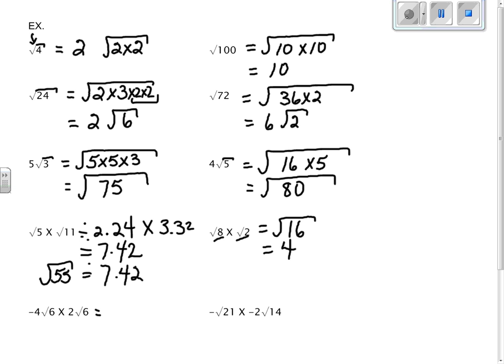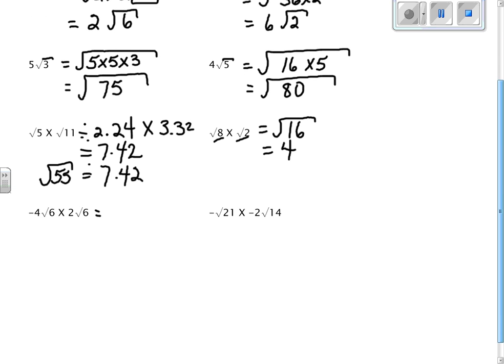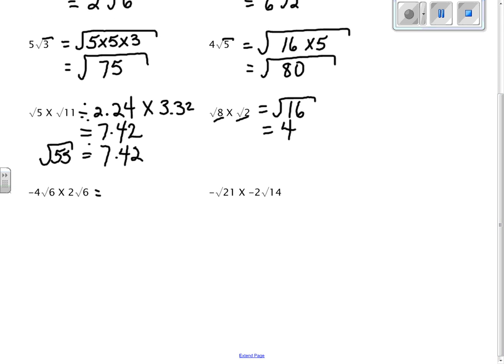Negative 4 root 6 times 2 root 6 can be done in a number of different ways. I would be tempted to write entire radicals for both of them. Negative 4 root 6, I have my 16 now under the root sign, the 6 that I already had. The second one, I would put a 4 under the root sign to replace the 2, times the 6 that I already had.